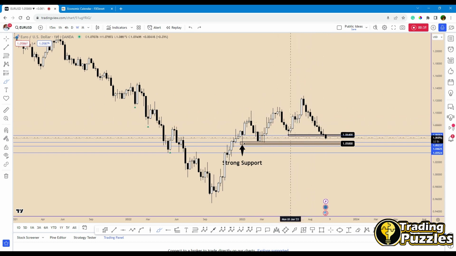So we can define two strong areas here, close to 1.0640 and 1.05. The second one is very important and also one of the strongest for this pattern.